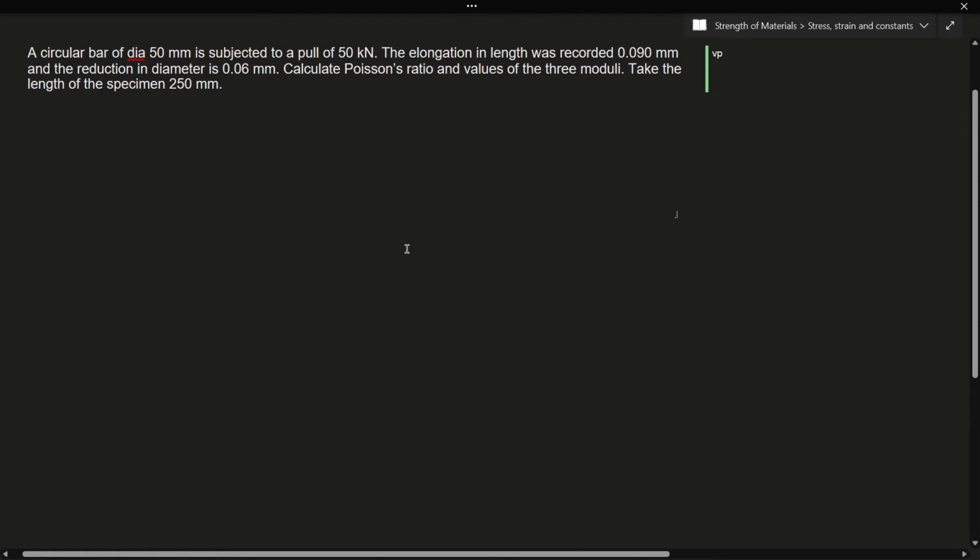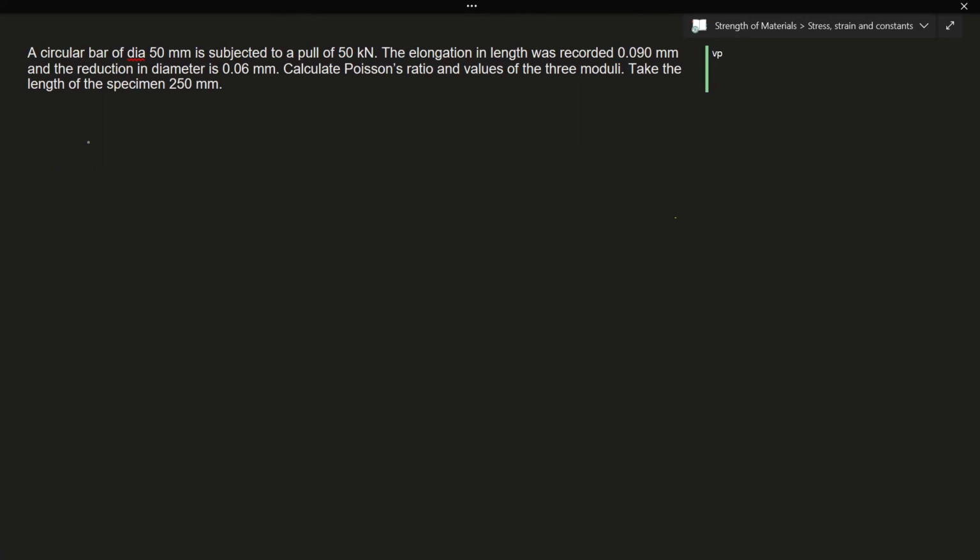Okay, a circular bar of dia 50 mm, so diameter is given as 50 mm, is subjected to a pull of 50 into 10 to the power of 3 Newton. The elongation in the length was recorded as delta L is given as 0.09 mm, and the reduction in diameter is, so there is a typo here, so this would be 0.006 mm.